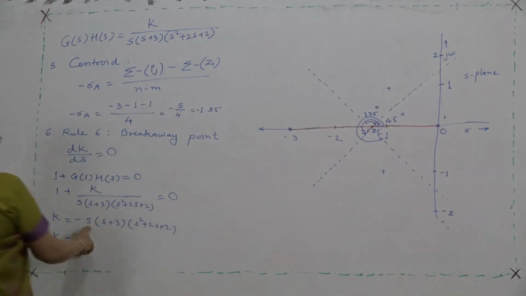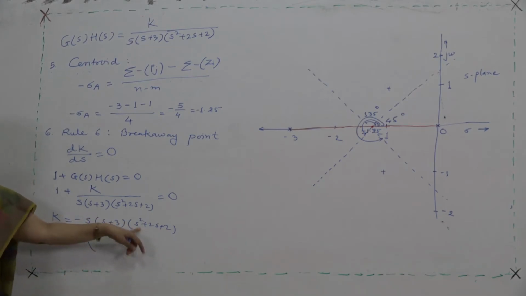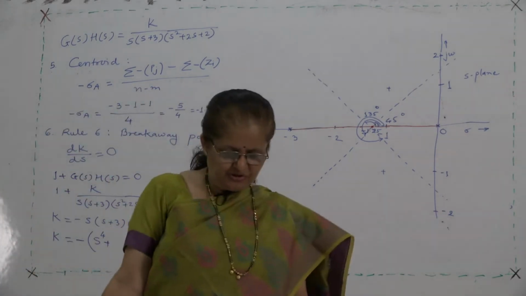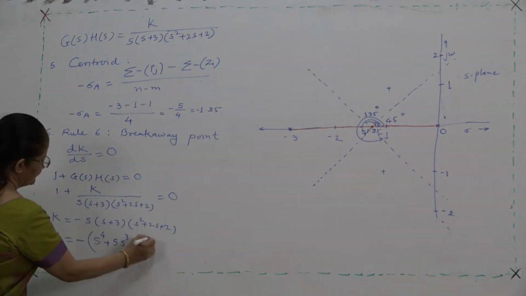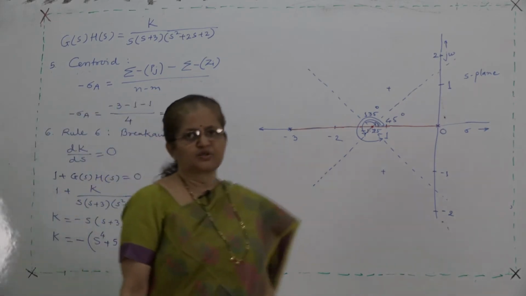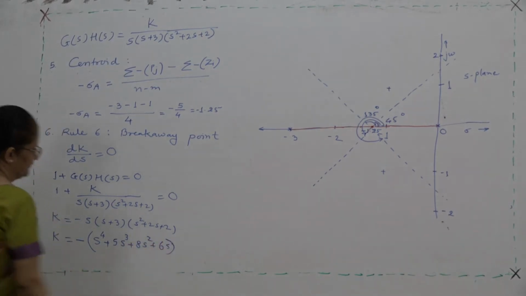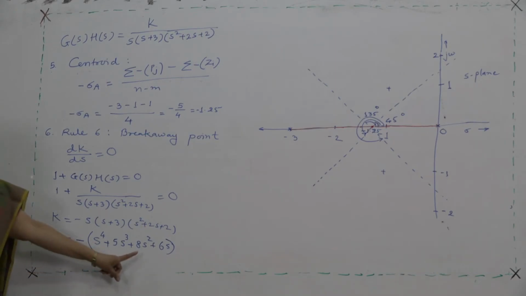So, here s into s square means I will take the minus sign outside, and then you can see s into s square, so s raised to 4, a fourth order system you will get, plus s cube. What is the coefficient of s cube? You find it from this equation. So, 5 s cube plus 8 s square plus 6 s. Check whatever I have written here. So, just simplify this and write here.